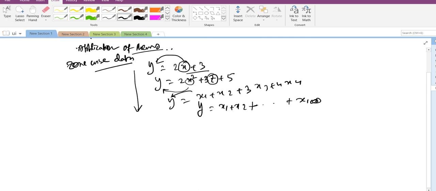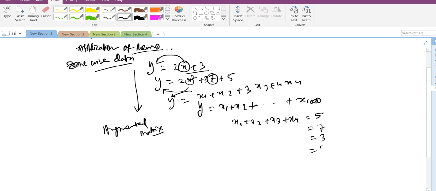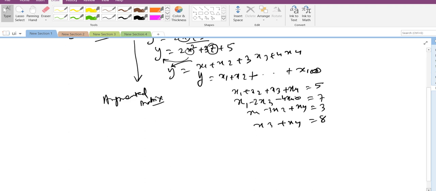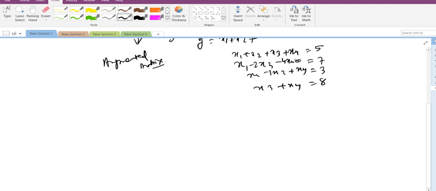For example, in a matrix, what is an augmented matrix? Last day many of the questions were discussed with that. Take the equation x1 + x2 + x3 + x4 = 5, then 7, 3, 8, x1 - 2x2 - 4x4 and x1 - 3x2 + x4, x3 + x4. If you form that augmented matrix, the rank of this matrix with respect to the main matrix is the decider, isn't it?